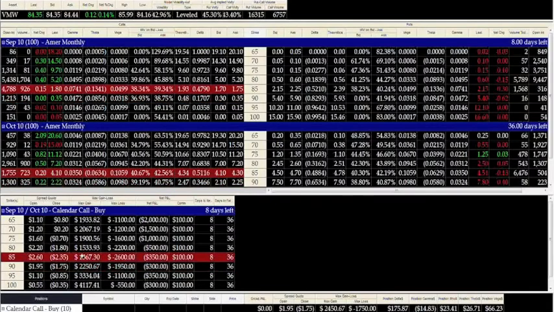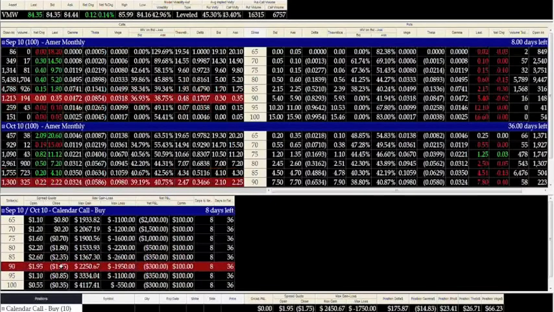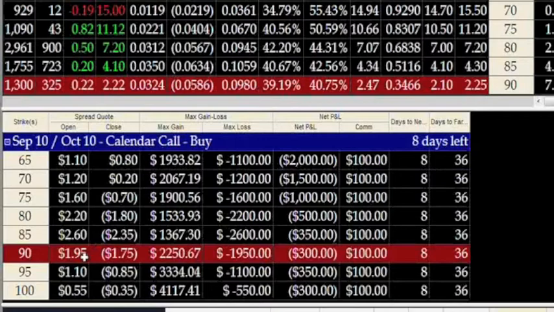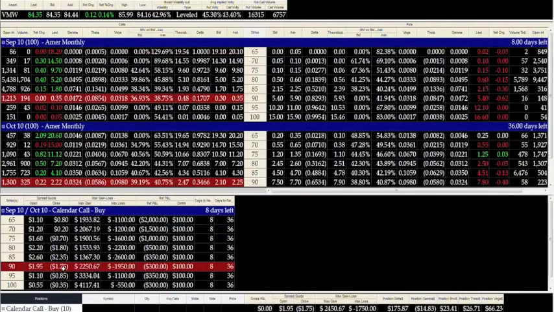And as you can see, we've accomplished that in a pricing of bid to offer. If you look here to your left, if we were to buy the offer on the 225 OCT 90 call and sell the 30 bid on the SEP, we're paying 195, which is this 195 price where you see the cross. If we were to sell the spread by selling the OCT 90 at 210 and buying the SEP 90 at 35 cents, that's the other side.